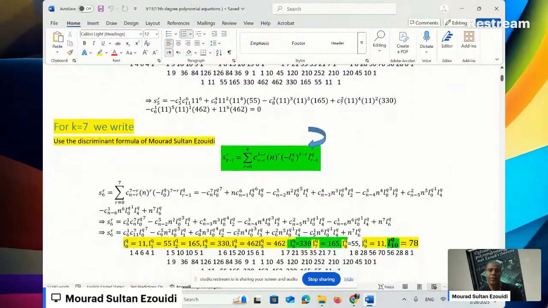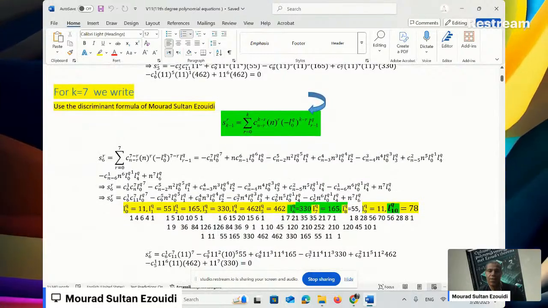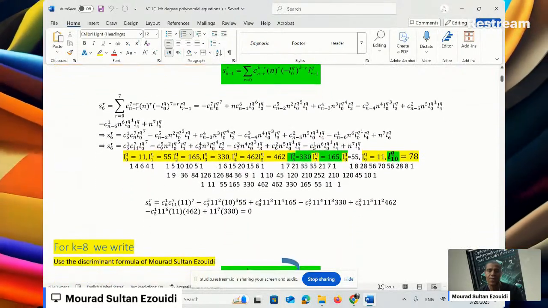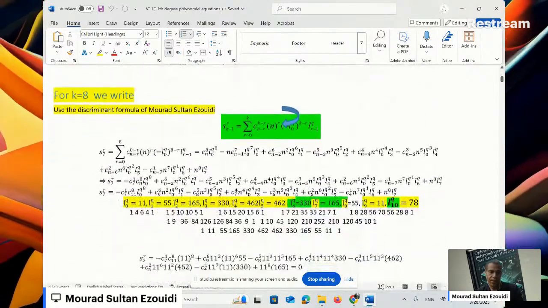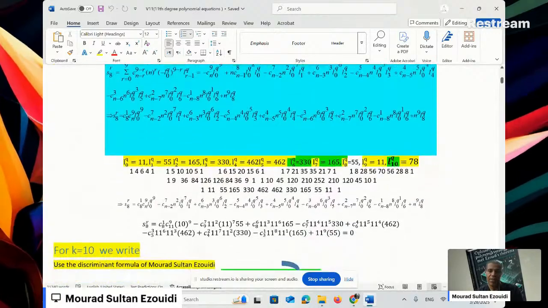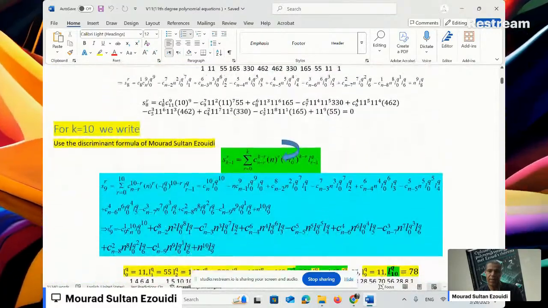Okay, this is our 11 degree equation. This example we did before, my kids.